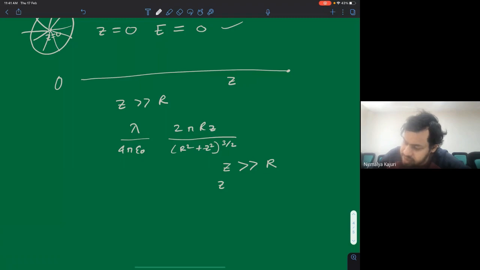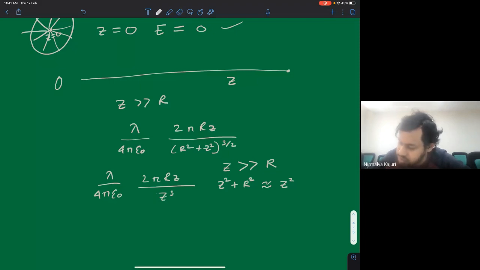Means in this sum, z squared plus r squared is almost equal to z squared. So let's make that substitution. So this is just z squared to the power 3 by 2, which is z cubed. This cancels to give me z squared.